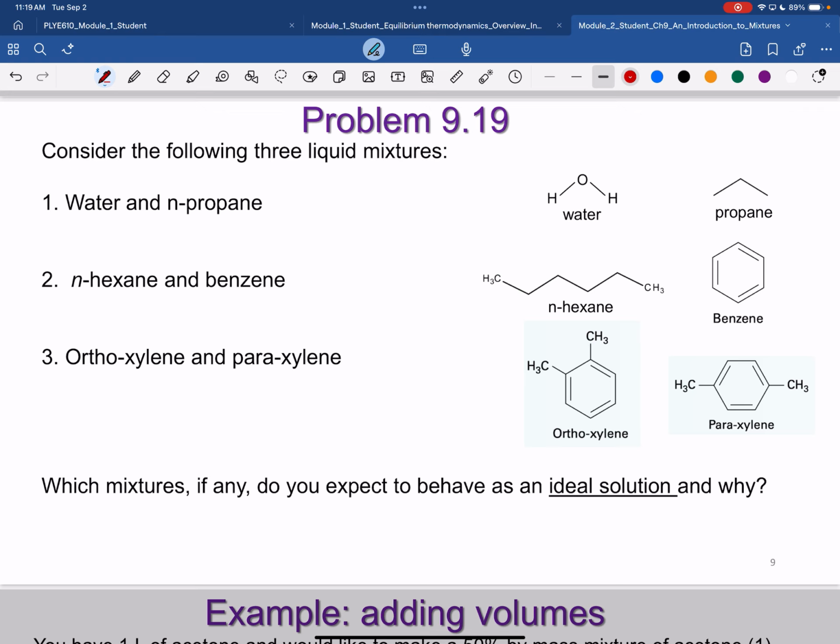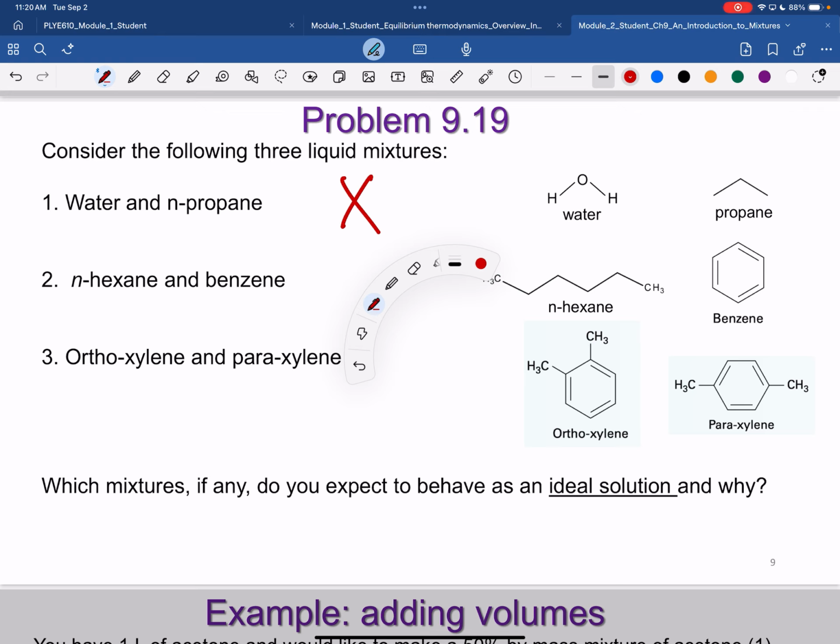What about N-hexane and benzene? It is non-ideal, right? What is the main reason for that? Benzene is a different shape and it also has double bonds. Yes, shape and also an energy that comes from the shape, the geometry of the molecule, right? Benzene is pretty flat.